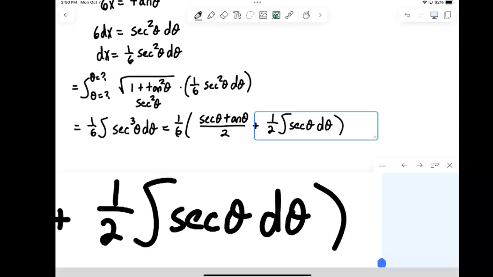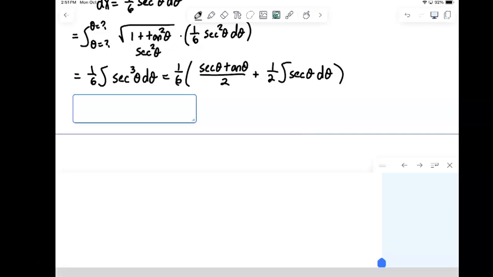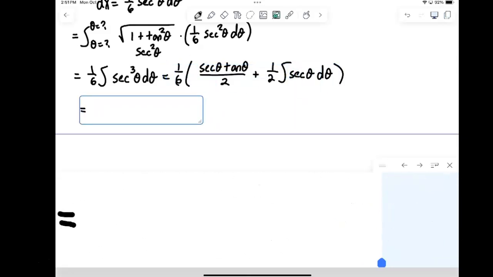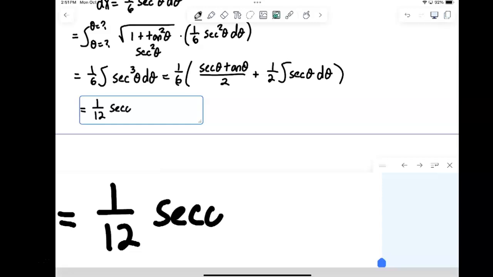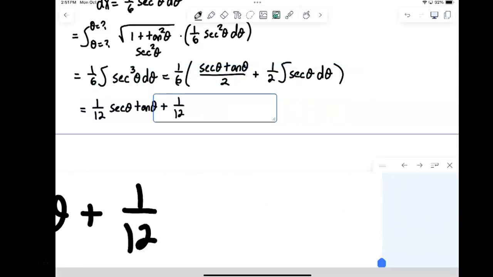And for secant theta, you either want to remember the way to do it, or just remember what it is. I think it's honestly, for me, easier to remember what it is. So working this out, 1/6 and 1/2 is going to be 1/12, going with secant theta tangent theta, plus 1/6 times 1/2 will be 1/12.